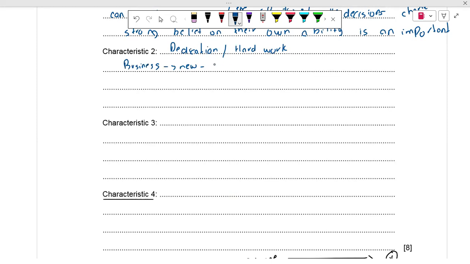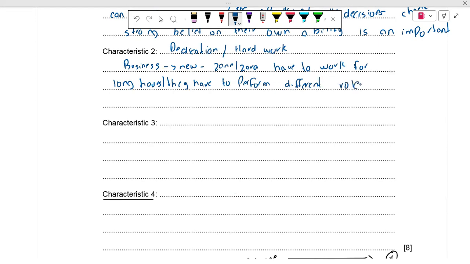So it means that Zen and Zara have to work long hours, or they have to perform different roles and tasks at a time.